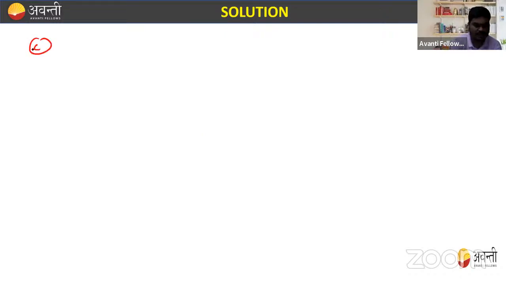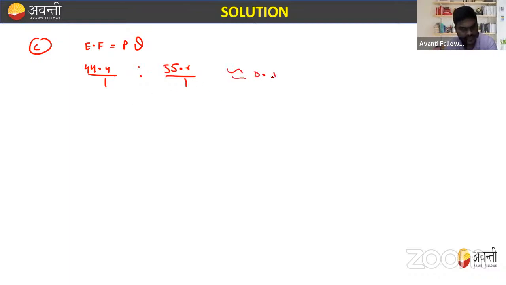Again, let's see option C. If the empirical formula for C, I'm talking about C, right? The empirical formula of compound 2 is PQ. What is the molar ratio for this? The molar ratio becomes 44.4 divided by 1, and 55.6 divided by 1. This value is already given in the table, right? On solving, this comes out to be around 0.8.